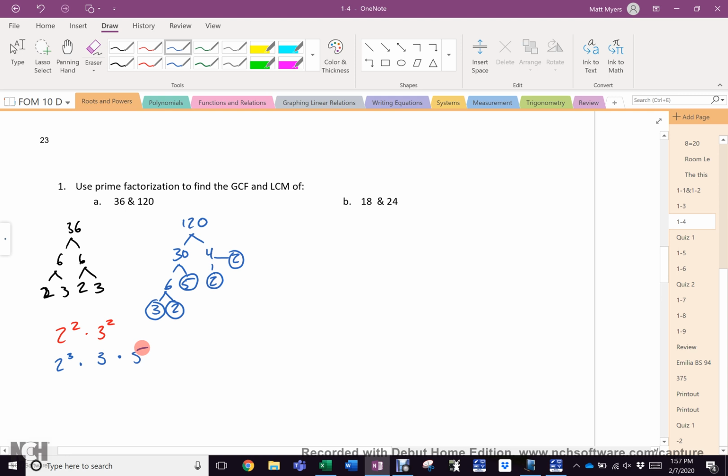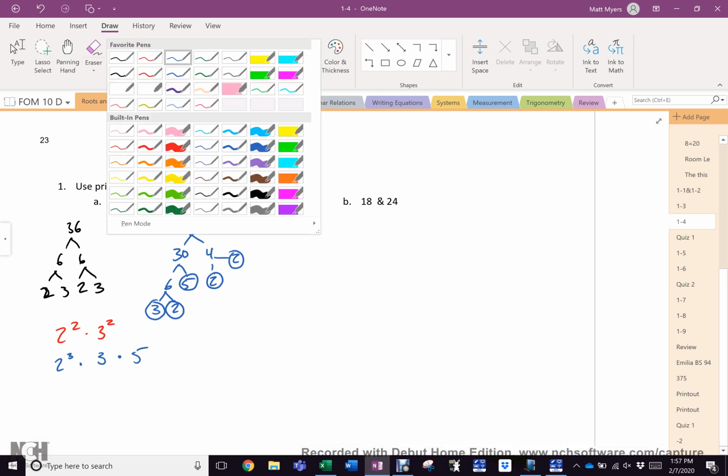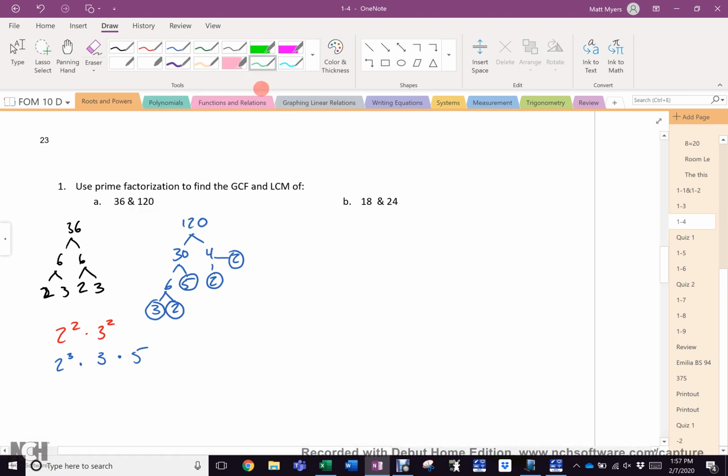Everybody cool? Now, the GCF, if you look back on your sheet from right before, if you don't remember, the GCF is everything common by the smallest exponent because we're looking downwards. Yes, we're looking for parts. So is 2 common? What's the smallest exponent that works with 2? 2 squared.